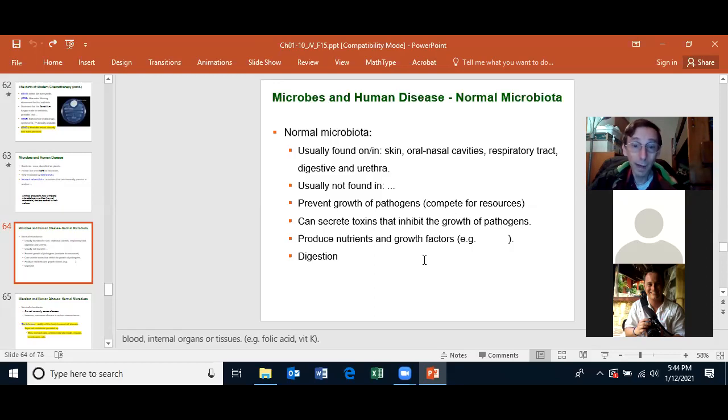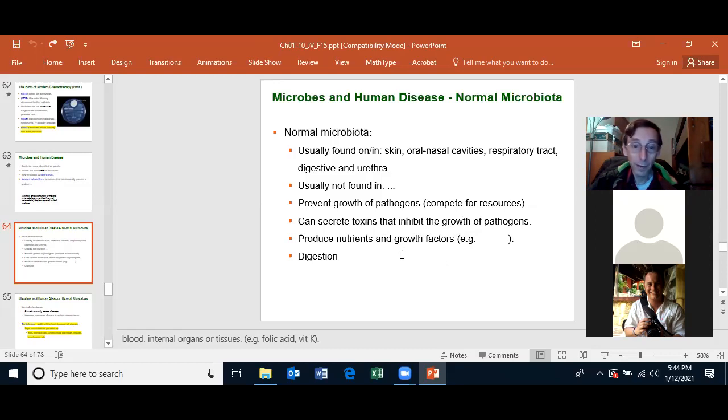Some of our normal microbiota secrete toxins that actually inhibit the growth of the pathogen. And we'll talk a little bit more about that later in the term. Some of the normal microbiota are important to us because they provide us with nutrients and growth factors.